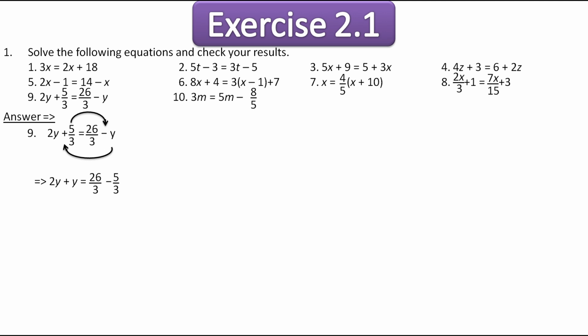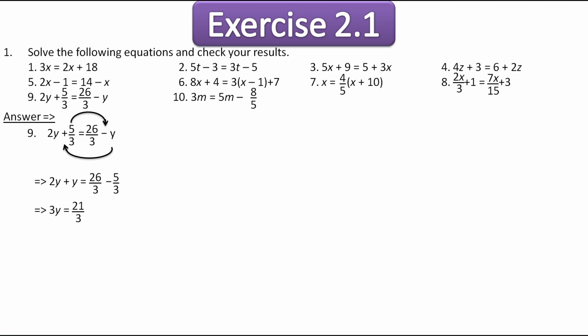As y is having minus sign, when it goes to left hand side it will become plus y, and this 5 upon 3 is having plus sign, that when it comes to right hand side it will become minus 5 upon 3. Okay, now 2y plus y is 3y, and here we have the same denominator, so we can directly subtract. So 26 minus 5 is equal to 21 upon 3.